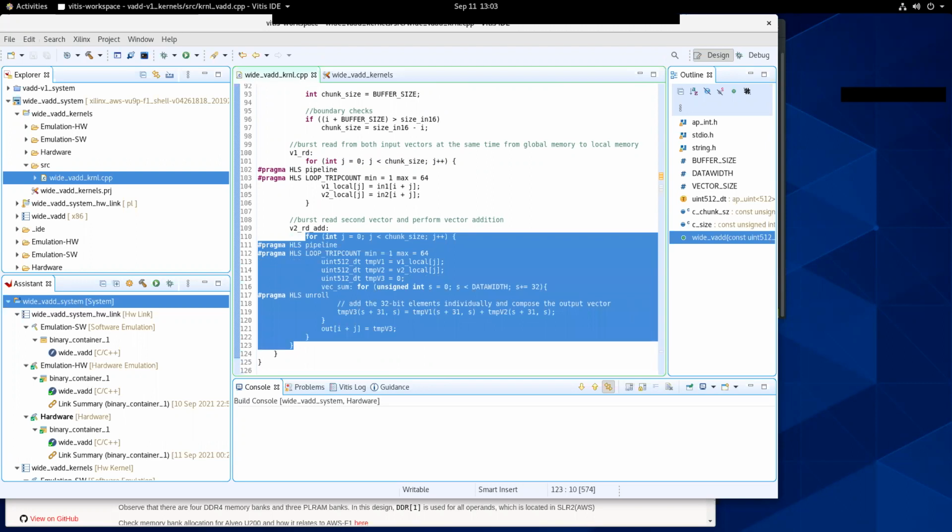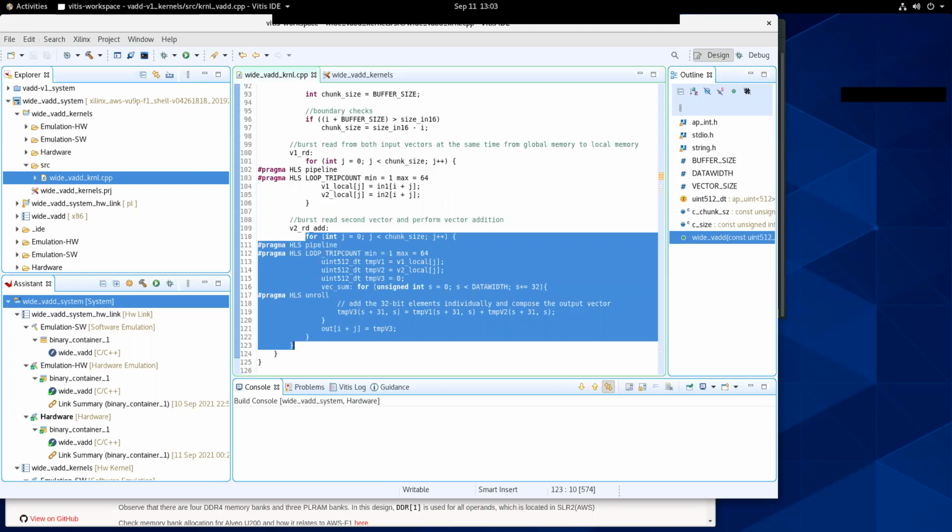This is again a very interesting loop, because on line number 116, we have this data and we are adding a 16 element vector.